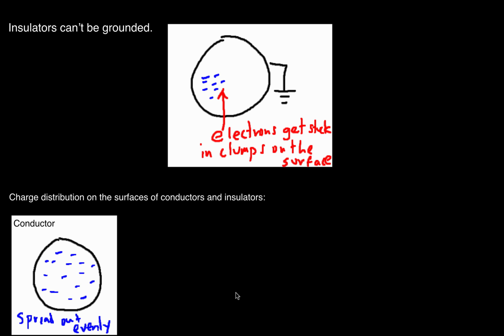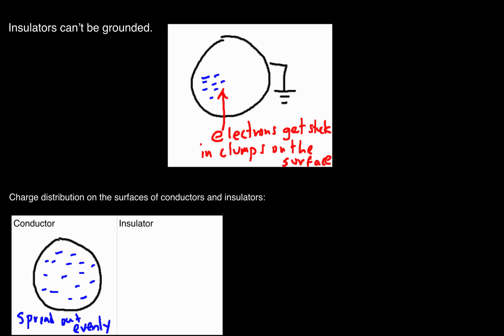This is because the electrons are repelled from each other. They don't want to be near each other, and because they're able to flow freely through the conductor, they spread out as much as they can to get as far away from their neighbors as possible.